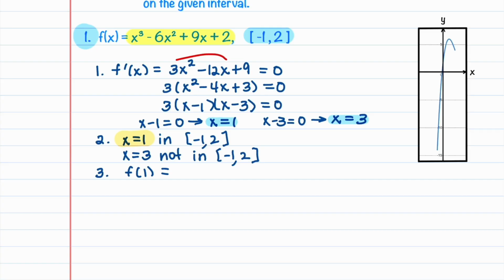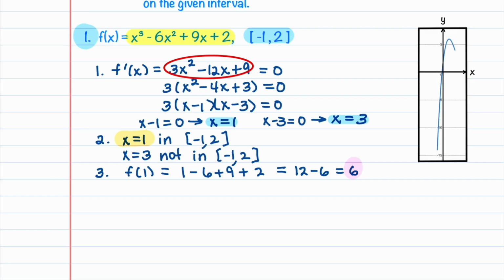Notice that we are not substituting it into that derivative function. Up at the yellow, we have 1 cubed, so that's just 1 minus 6 plus 9 plus 2. If we add up the positive terms, we have 12, so this is 12 minus 6 and we get a value of 6. Let's highlight that because that's one of the numbers we're going to have to compare.